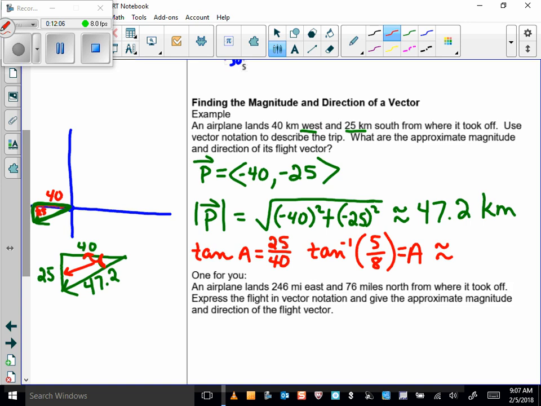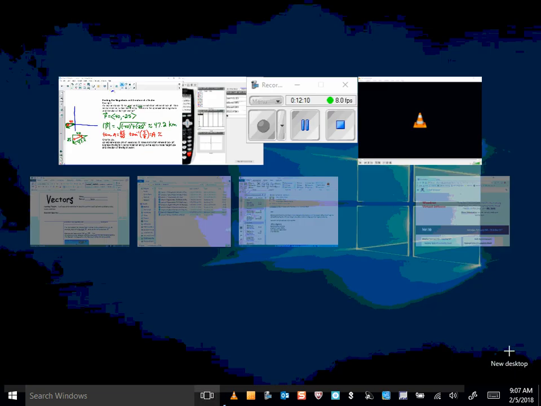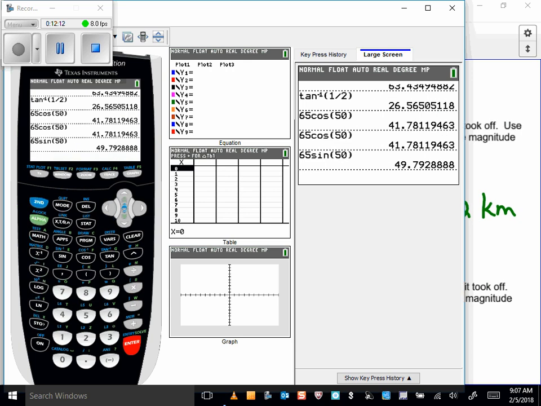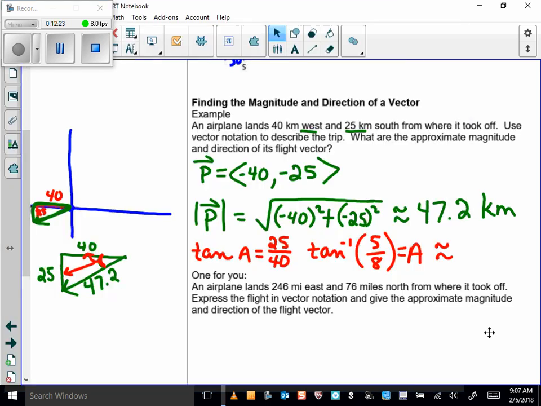So our angle measure is going to be, let's go grab our calculator and do that, inverse tangent of 5 divided by 8. And that's going to give us about 32 degrees. And we need to put the direction on there. So what is that direction going to be?